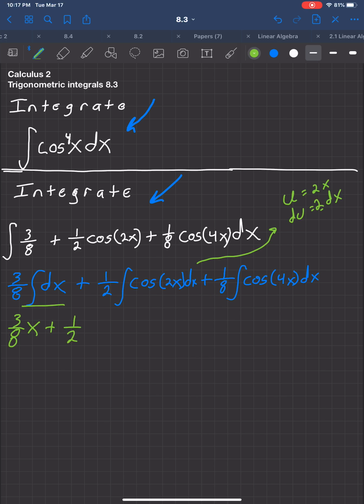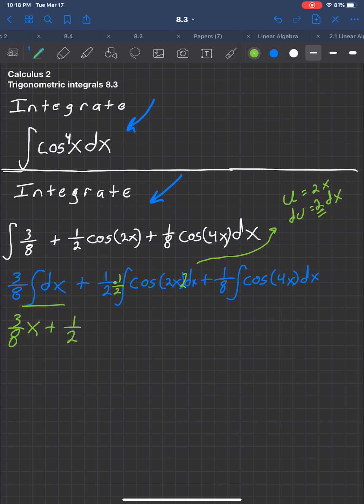I have the dx, but I do not have the 2. But let's make sense of that. I think you would allow me to place a 2 here so that 2 dx can become du, if I'm willing to also compensate for that doubling by halving.